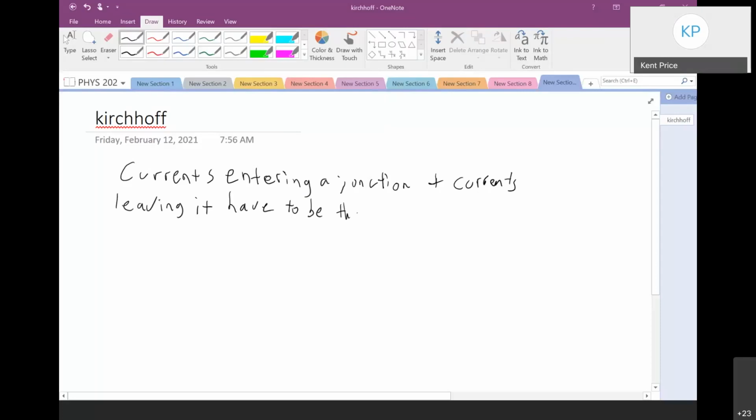They have to be equal. That's sometimes written in mathematical shorthand as big sigma, sum of I currents, equals 0, and to remind us, we can put "at a junction."